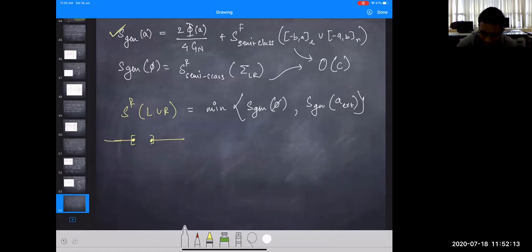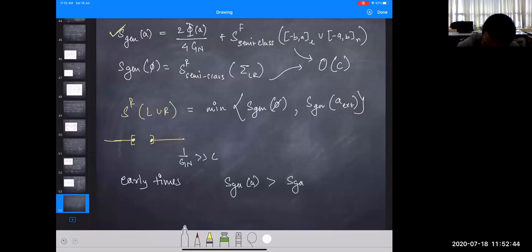So it's clear that at least at early times, the time dependent part of the fine grained entanglement entropy is small, or order 1, and in the limit where 1 over G Newton is much greater than c, you can clearly say, let me write down, at early times S generalized of A is clearly bigger than S generalized of the null set.